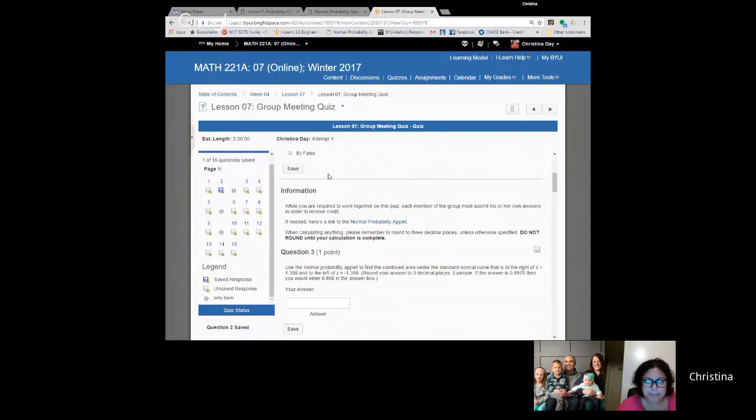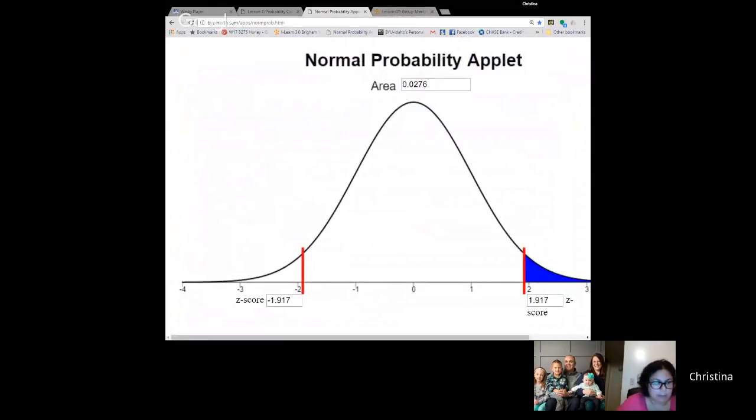Okay, I'm ready. Calculating, I think round to 3 decimal places. Using the normal probability applet, find the combined area under the standard normal curve that is to the right of Z and to the left of negative Z. The Z score is 1.358.